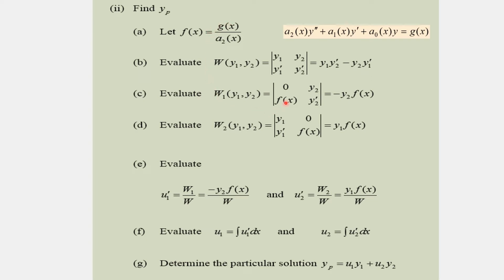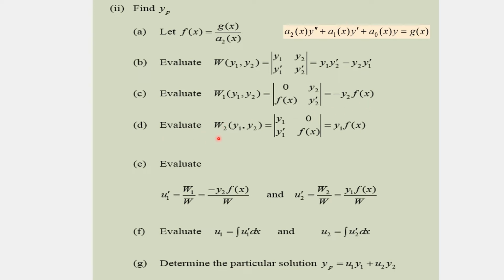So only column number 1 changed into 0, f of x, but column number 2 of W remains the same. If this is y2, y2 prime, this also will be y2, y2 prime. Once this setup has been completed, you evaluate W1 and follow the formula A times D minus B times C. So A times D will be 0, minus y2 f of x. That's why you get the answer as negative y2 f of x.